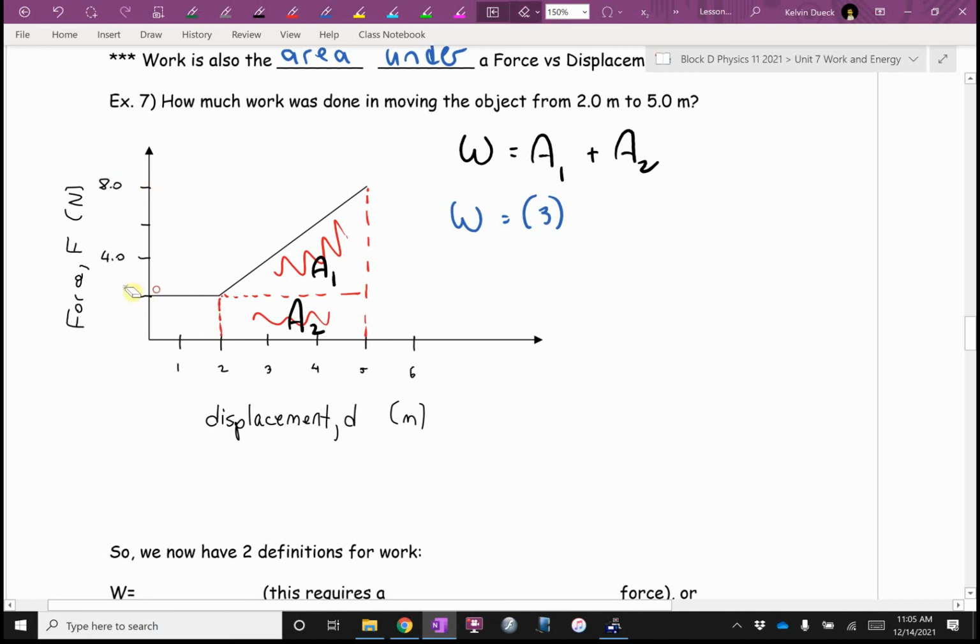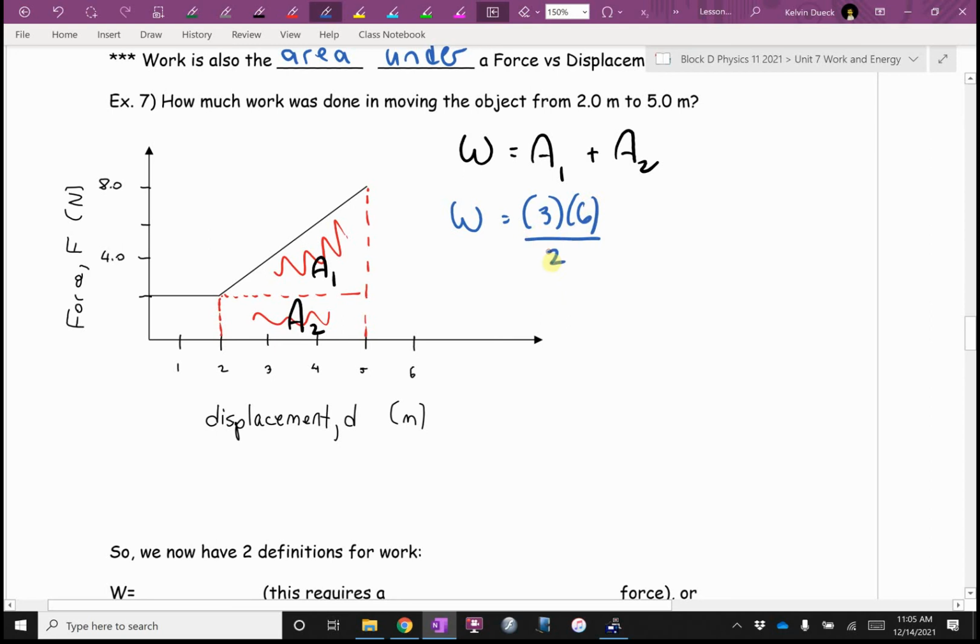How high right here? So, what's the height? Help them out, folks. 6.